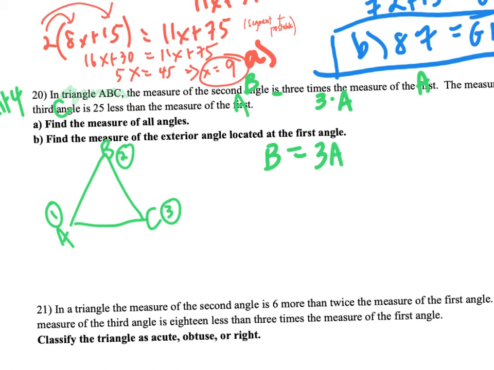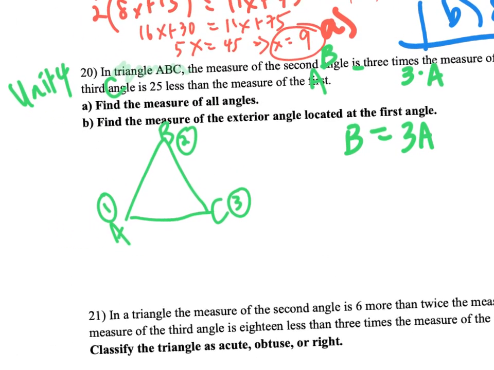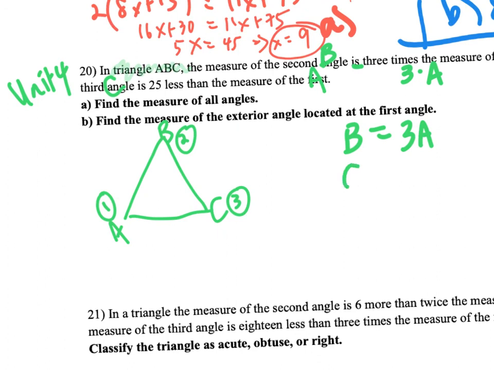When I look at my next one, my third angle, C, is 25 less than, so this is going to be A minus 25. The less than key phrase really gets people. Whatever value you have before less than goes after your subtraction sign.